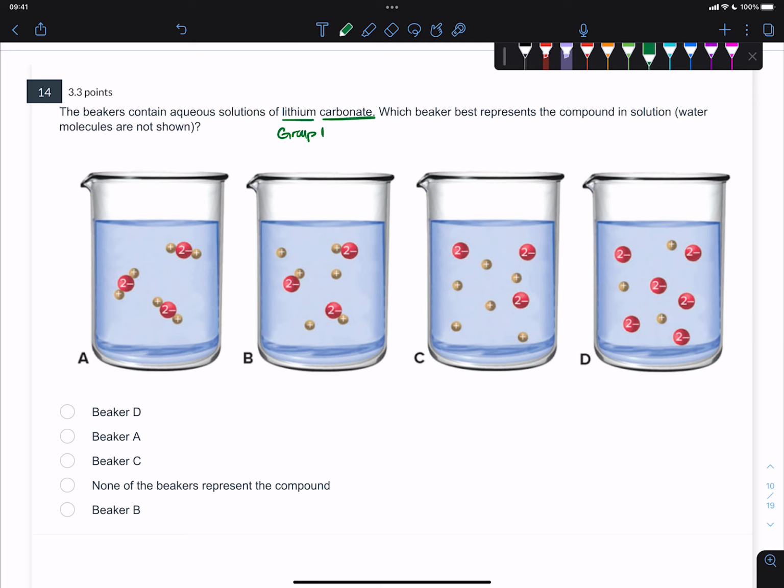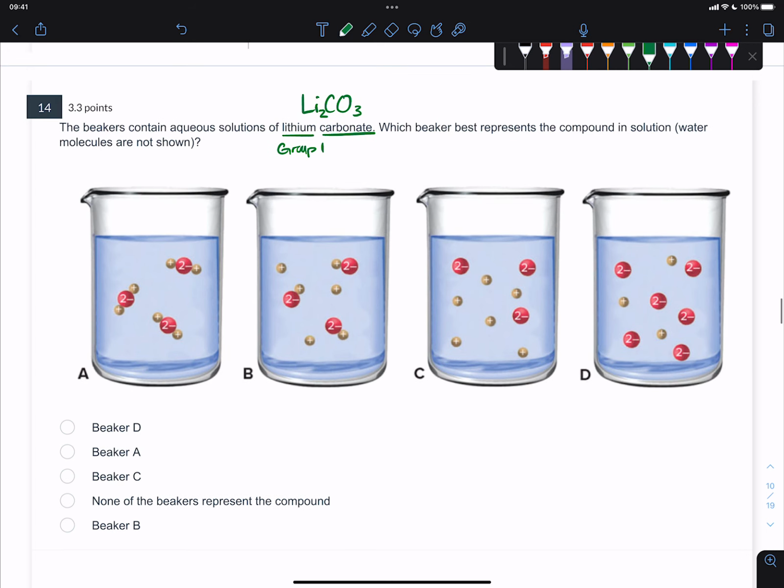So if you dump in some lithium carbonate, which is Li2CO3, it does help to have your naming down. Think about what happens if you have some solid lithium carbonate and it dissociates in water. You'll get 2 moles of the lithium plus ion, which is going to be aqueous, right? It'll be dissolved. And you'll get 1 mole of the carbonate ion.